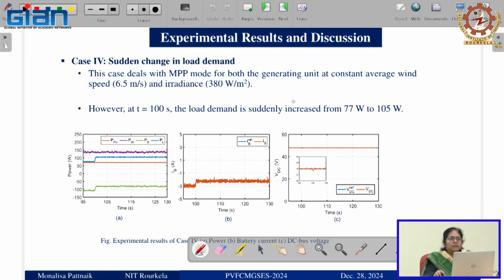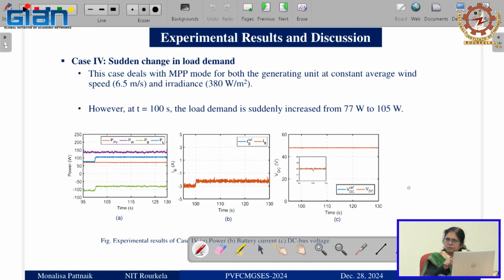Then in the fourth case, the wind power is constant and the PV power is also constant, but there is a change in load. Whether it is a load change, irradiation change, or wind speed change, the bus voltage is maintained constant.